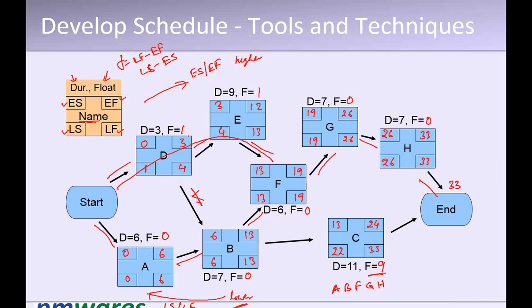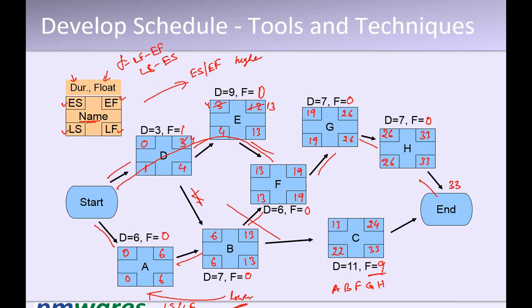If suppose D gets delayed by 1 day, this 3 will become 4, this 3 becomes 4, this 12 becomes 13. How much is the float? 0. So E is also critical. Okay. And suppose D gets delayed by 2 days, then the critical path will change.